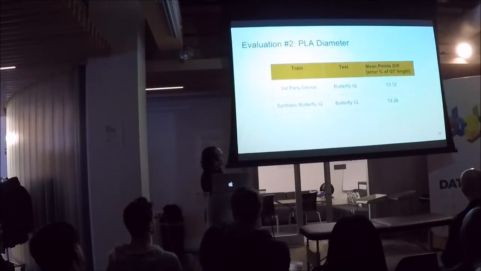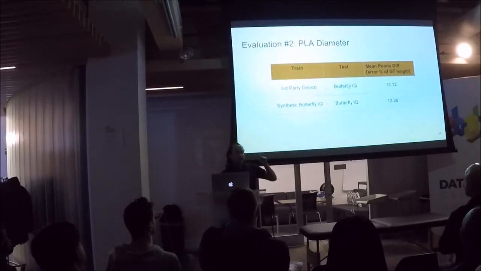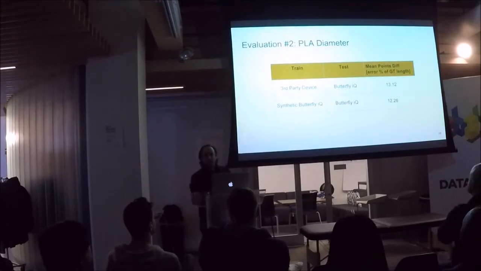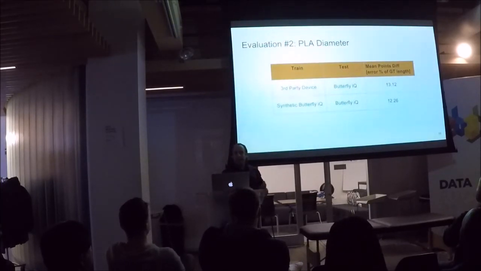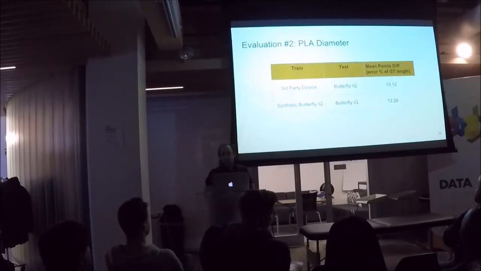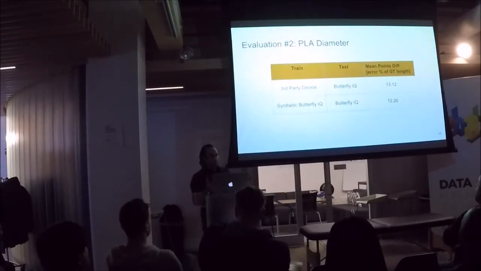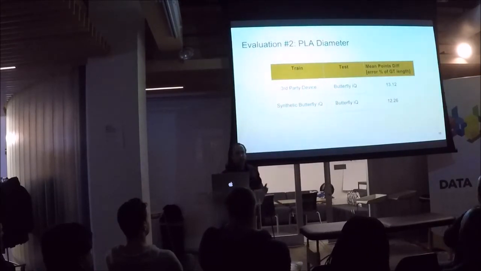Our model gets about 1% better than that. It doesn't look like a big number, but when that mean points diff is translated into an ejection fraction number, the swing in how different that number can be is about 5%. That's actually quite large. That's the kind of difference that might differentiate a healthy patient from an unhealthy patient. So this was also quite a big win.